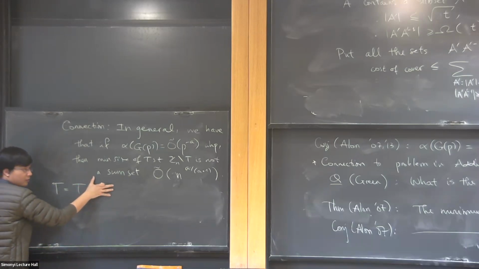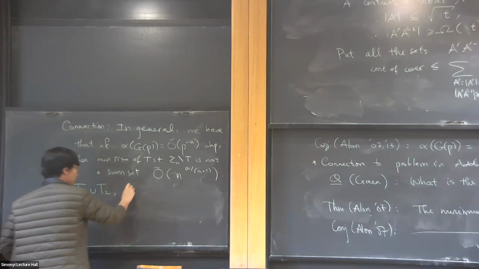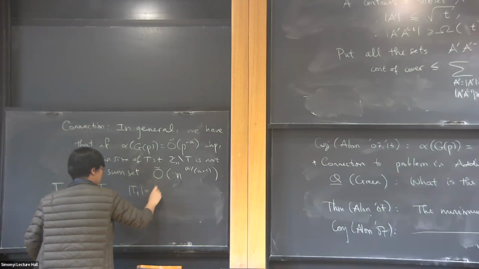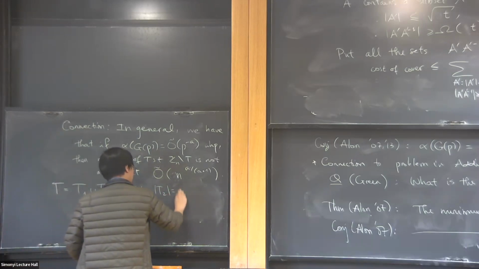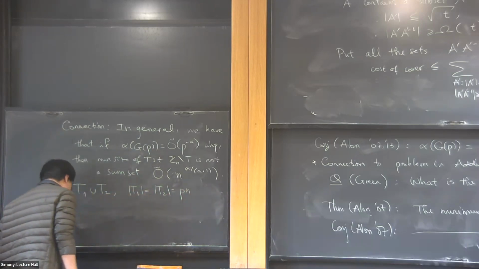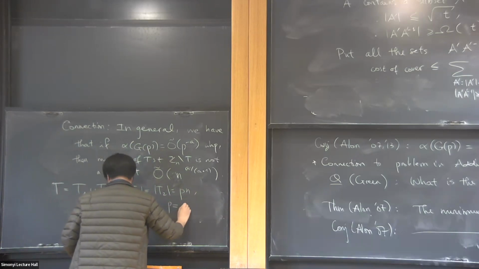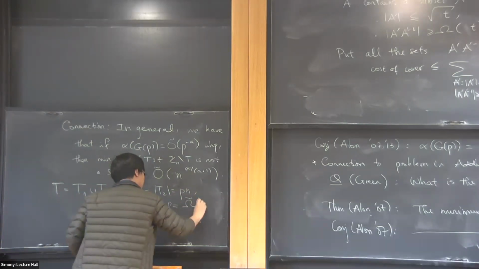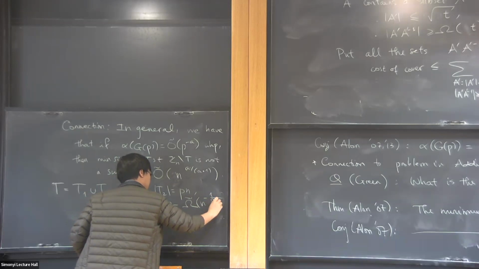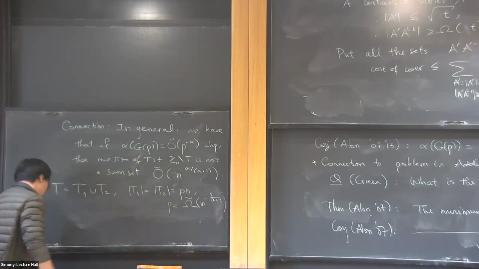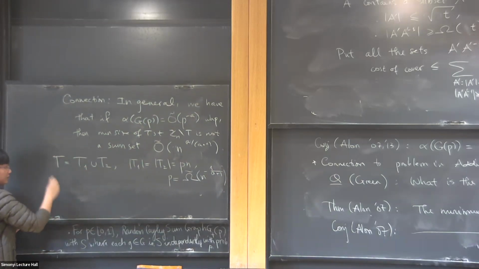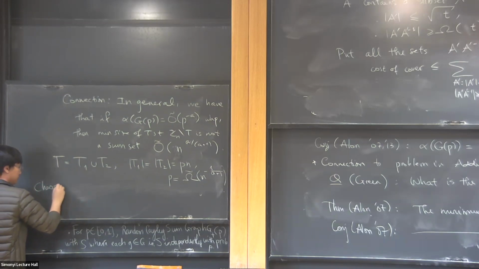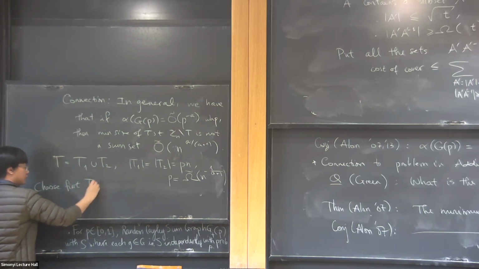Let's not talk about T2 yet, but we will in the end choose both T1 and T2 to be of roughly the same size, and they will have size about p times n, where p is an appropriate parameter that is of order n to the minus 1 over a plus 1, where a is the bound that we have here. Okay, so we will choose the first piece T1 just randomly.